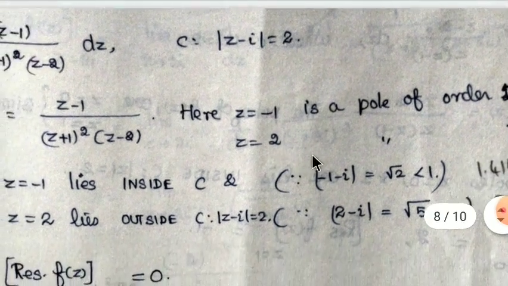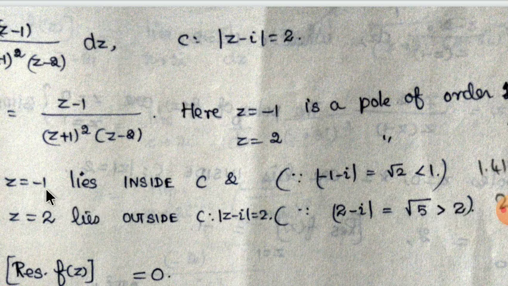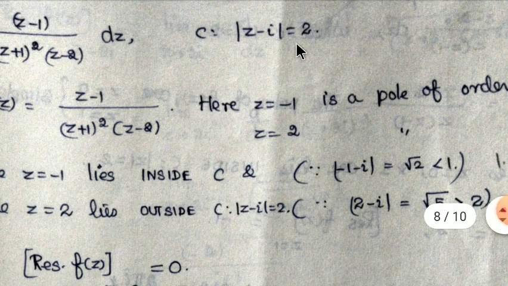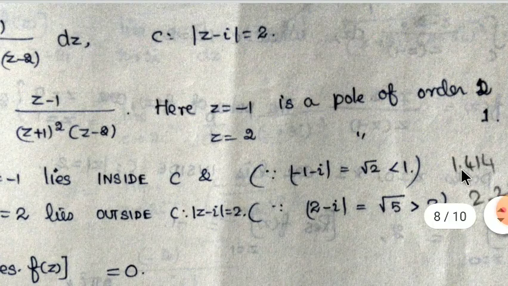What is c here? The c is mod z minus i is equal to 2. Substitute z equal to minus 1, we get mod of minus 1 minus i, which is square root of (minus 1) whole squared plus (the coefficient of i, minus 1) whole squared. So root of 2, whose value is about 1.414.